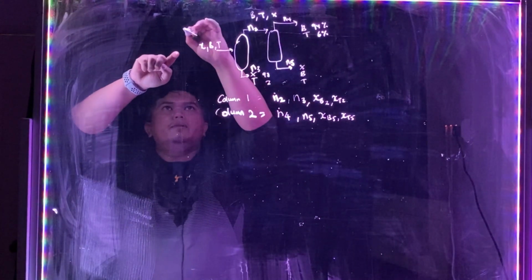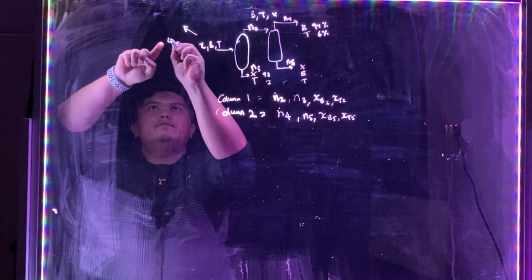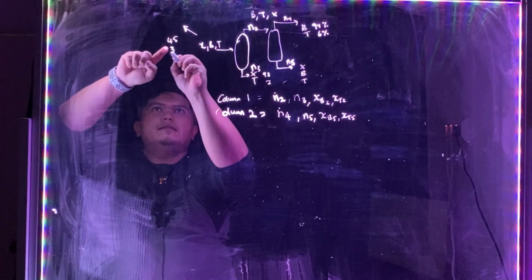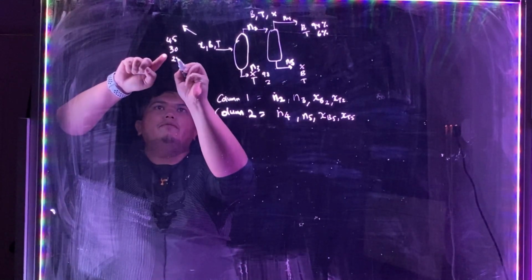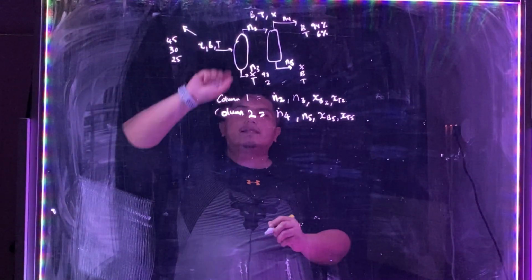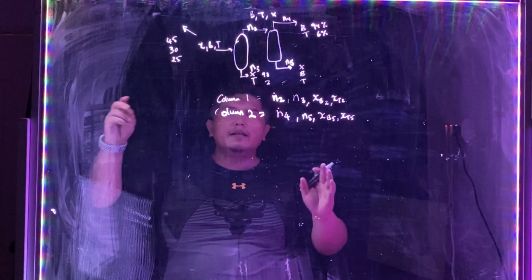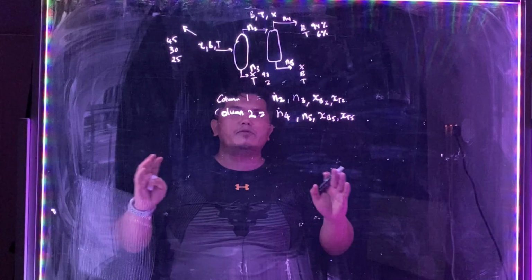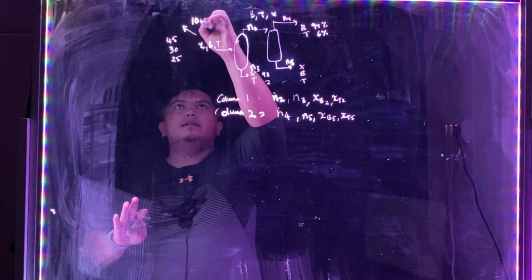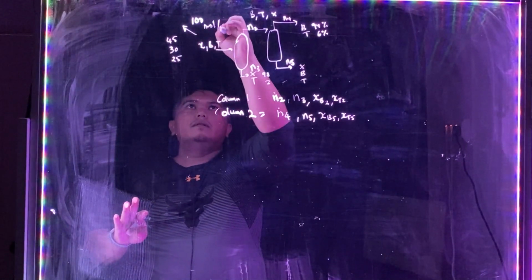The amount that you put in is xylene 45, benzene 30, and toluene 25. We assume, because it's not given, that the molar flow rate of N1 has a basis equivalent to 100 mole per hour.